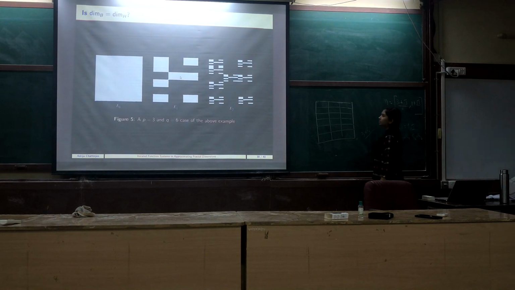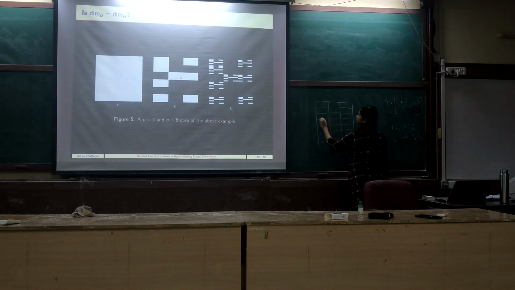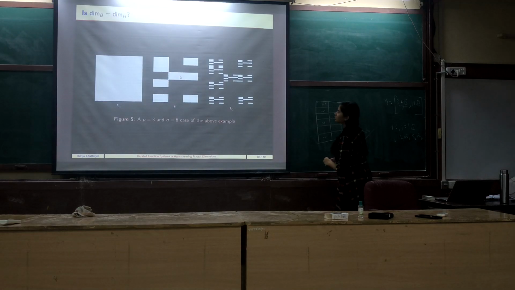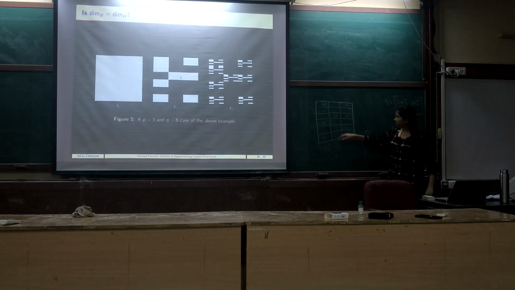Now say you pick, which squares did we pick here? We picked this square, this square, this square, this square, this, and this one, right? So here is what we chose. We chose 8 squares here. 1, 2, 3, 4, 5, 6, 7, 8, yes.